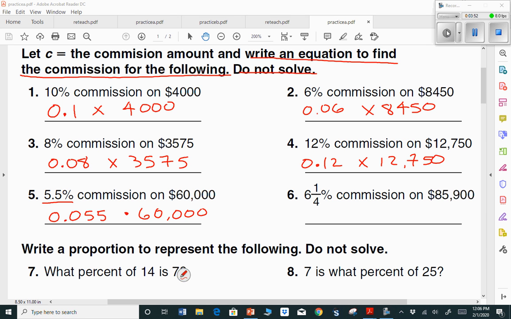I'd like to write 6 1/4 as 6.25 and then move the decimal point back 2 places. So that's 0.0625. All right, so those are the problems you would do in order to solve the commission. And all you have to do then is put that in your calculator.